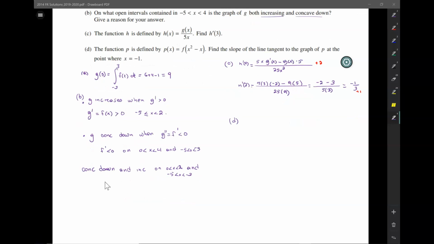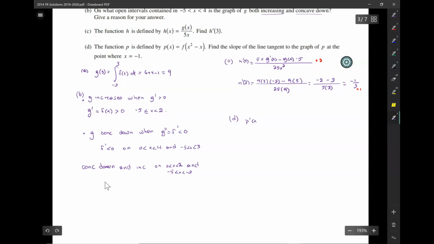And D asks us to find the slope of the line tangent to the graph of P at the point where x equals -1. So basically, we just want P prime at -1, right? So P prime of x is f prime of x squared minus x times the derivative of the inside, 2x minus 1. 1 point for that.